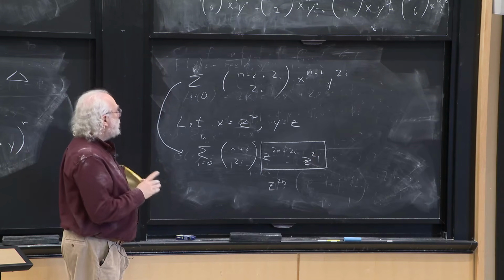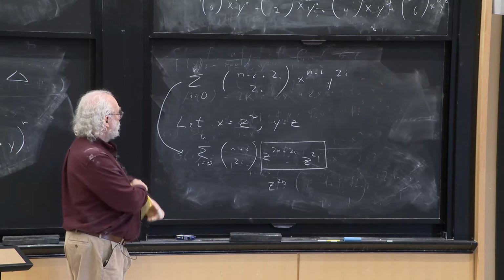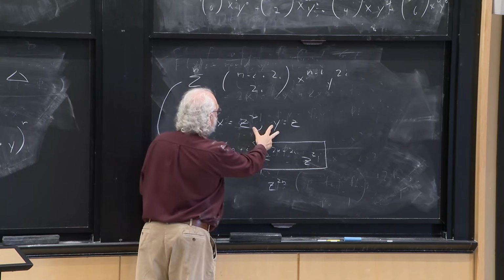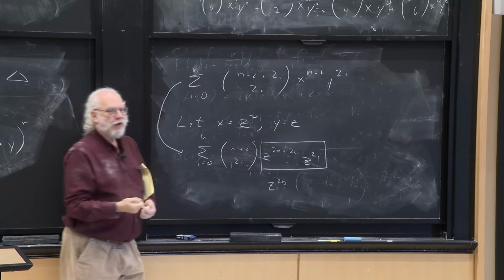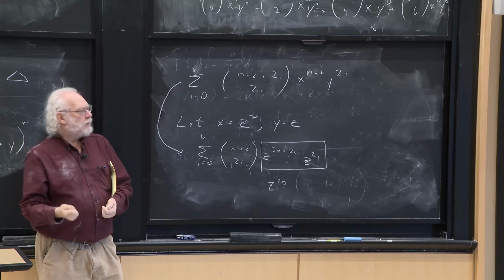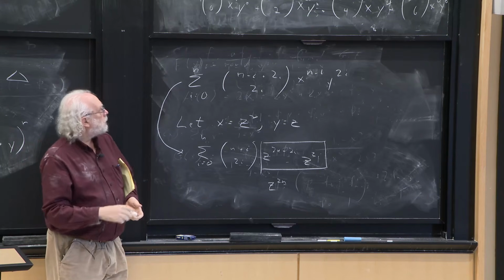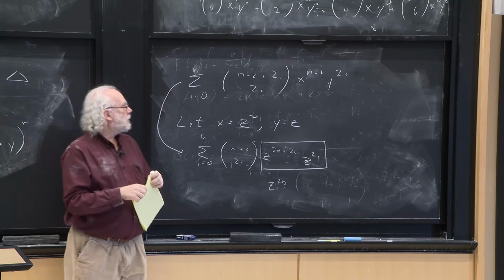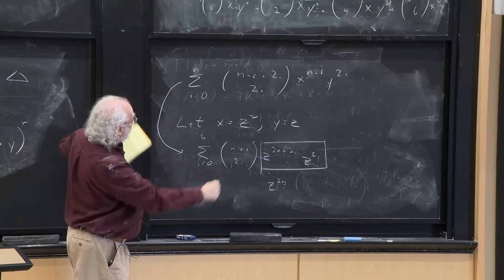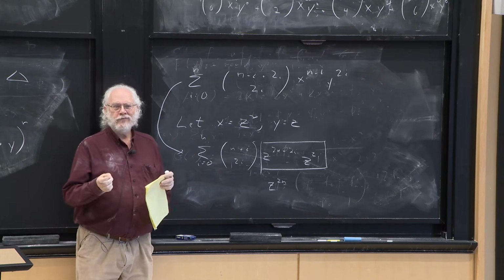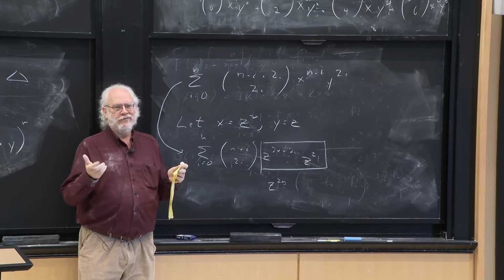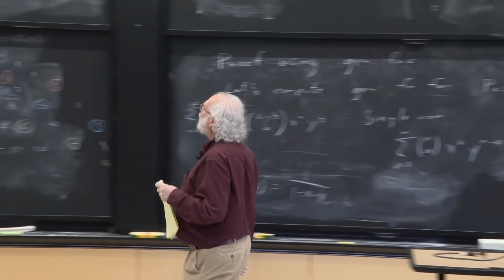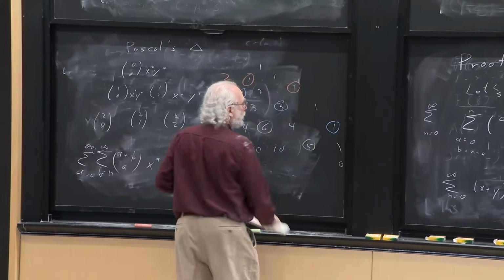So if we plug x equals z squared and y equals z into the generating function for Pascal's triangle, the generating function we get will give us these diagonal sums. Is this clear? Okay, great. So what was the generating function for Pascal's triangle?